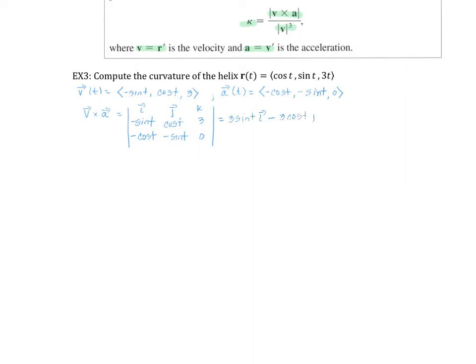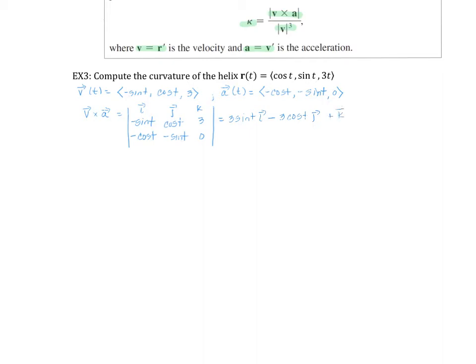And then covering the k, I have sine squared t minus a negative, so plus cosine squared t. That's just 1, so it's going to be plus k.